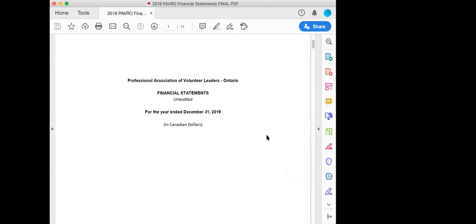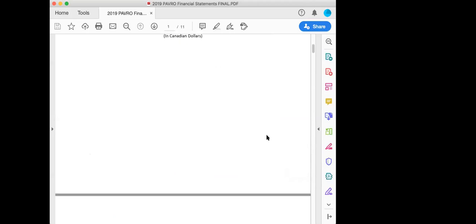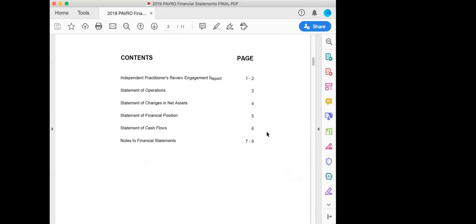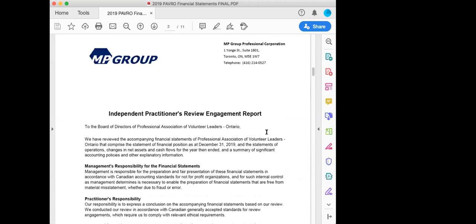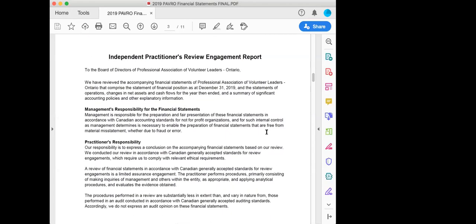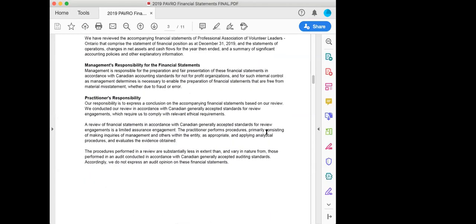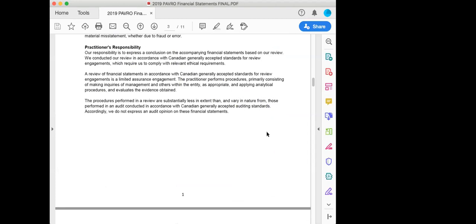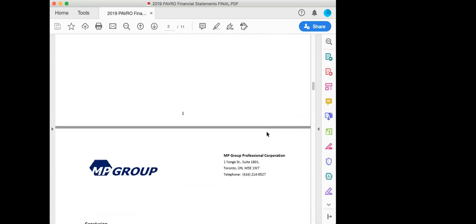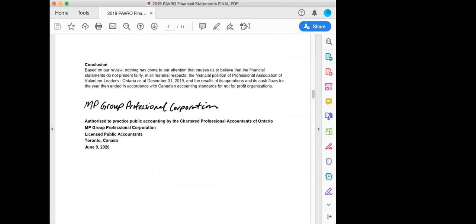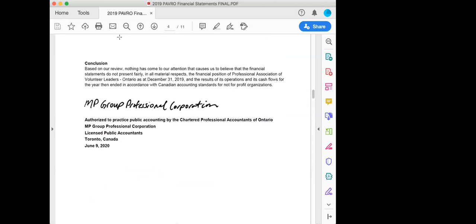I will now be presenting the highlights. This is a standard review report stating that the public accountant has prepared the statements in accordance with the generally accepted review standards, and it lays out their conclusion that the statements were fairly presented.